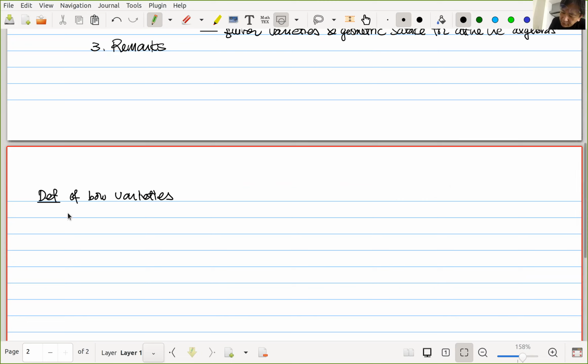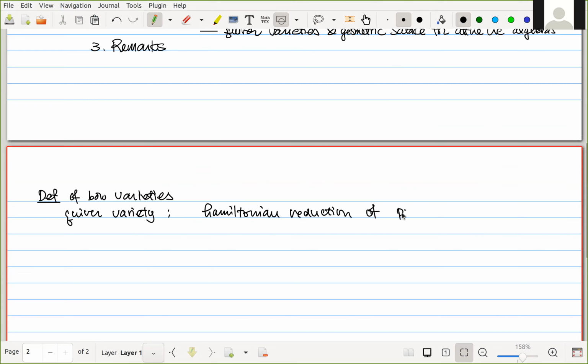So first I recall the quiver variety. This is a Hamiltonian reduction of products of some building block, which I denote this way.